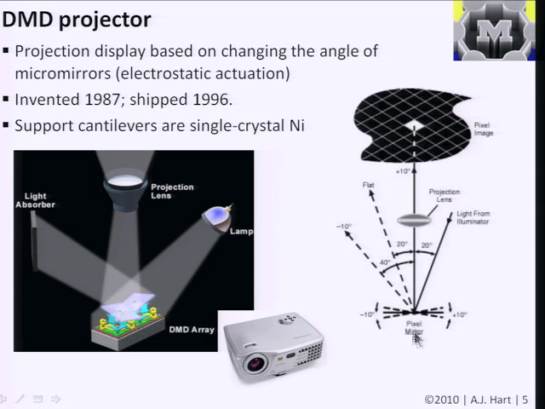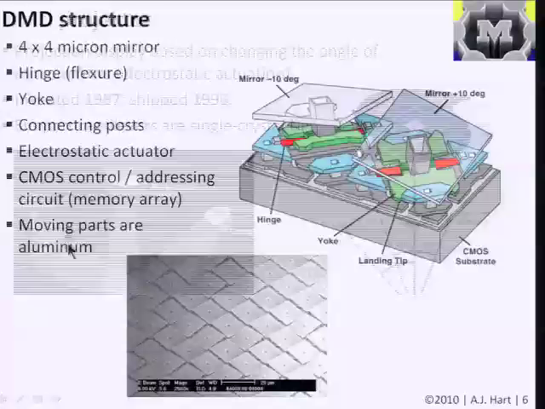And you can see another schematic over here which shows that the deformation, or tilting, of the mirror can change whether you see light on the screen or whether the light is deflected away to hit an absorber, which is also in the projector.